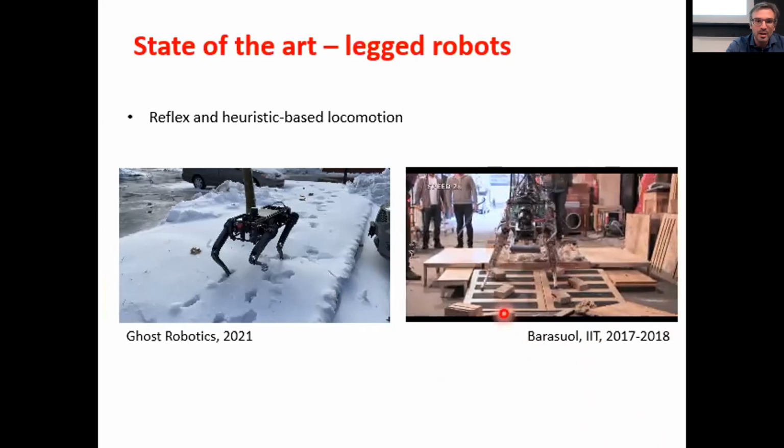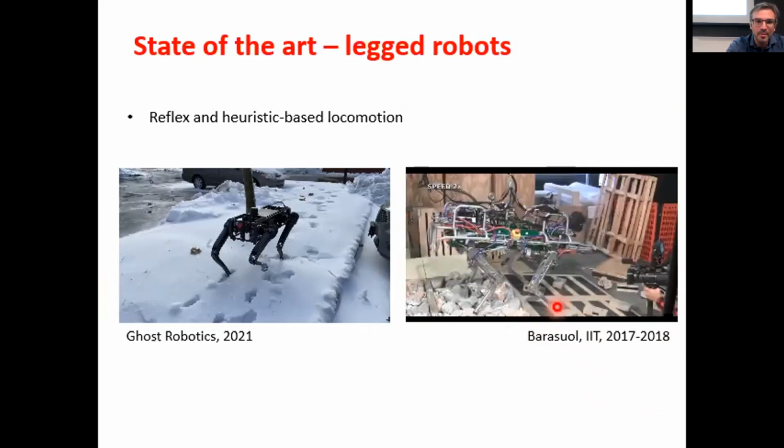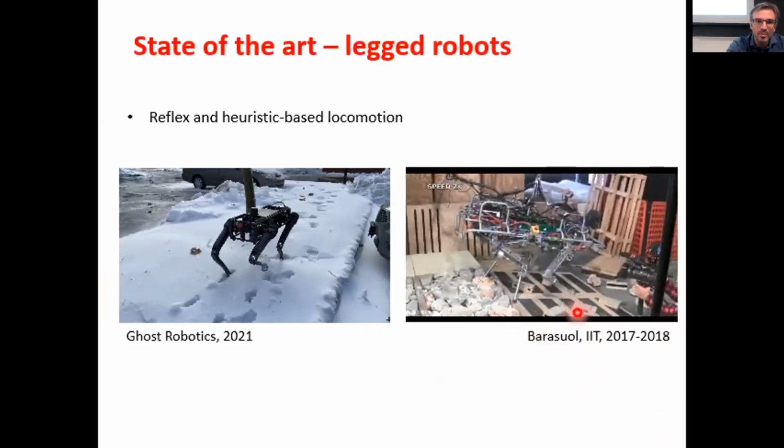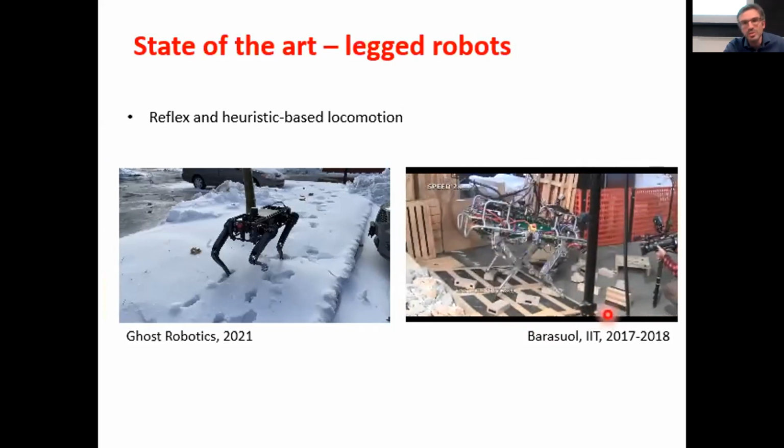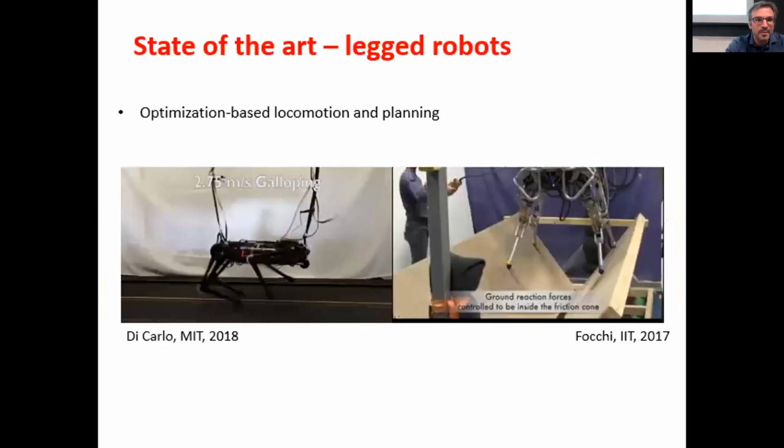You see, you can put the foot on the brick. The brick rolls away, and the robot loses balance, but recovers because of the continuous replanning strategy.